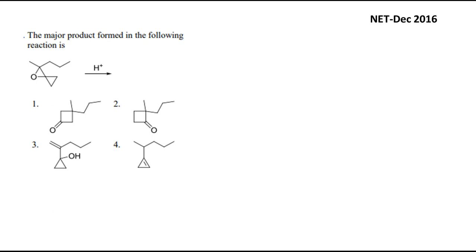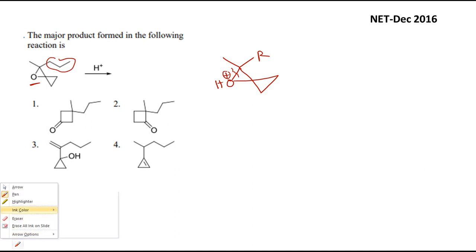We have this H plus and oxygen, so obviously this oxygen will be protonated, and suppose for simplicity I am writing this group as R. Oxygen protonated, positive charge. Okay. Now if we break this bond, there will be generation of a positive charge, which is 3 degree.